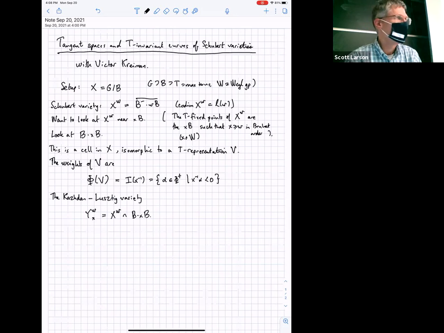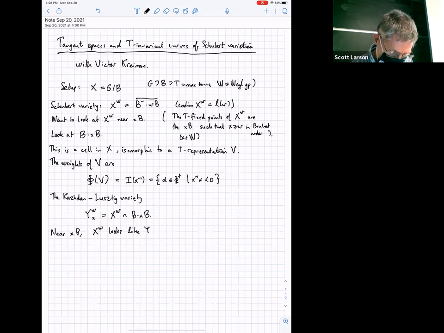So near the point XB, XW looks like YWX cross another T representation.